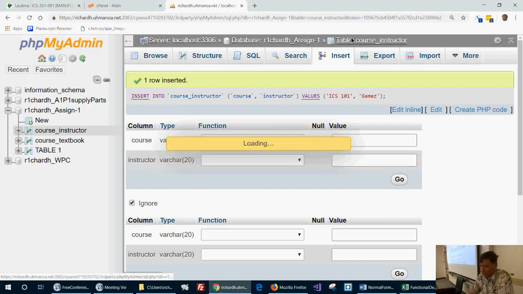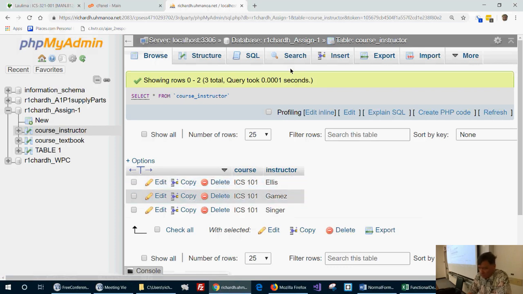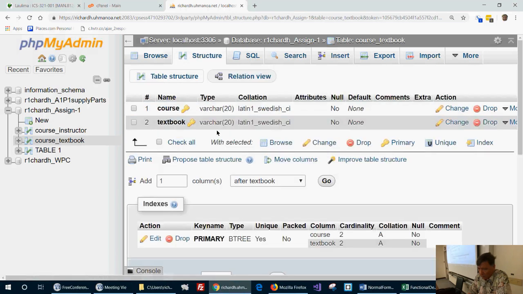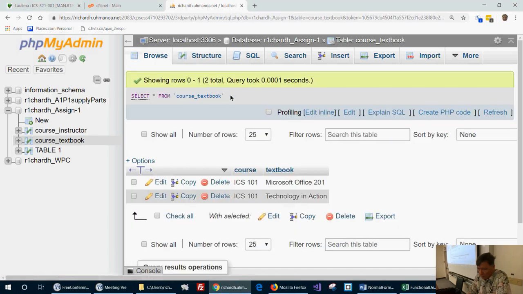All right, so now we've got this, and we've got this, and the structure. That's the key.